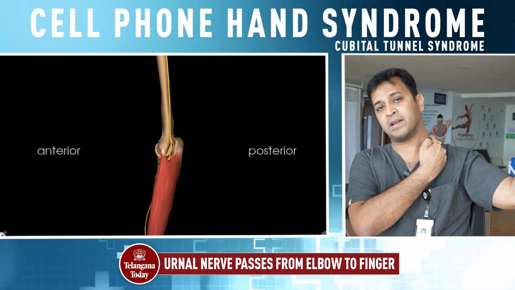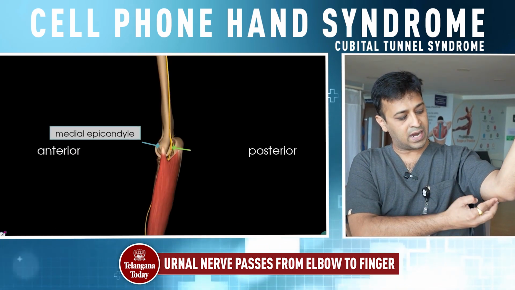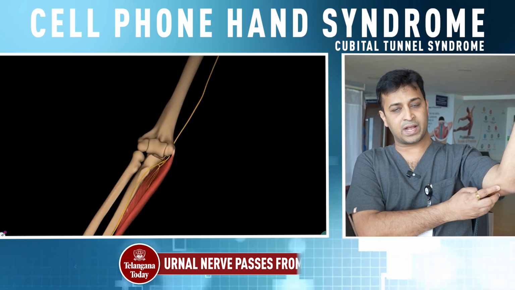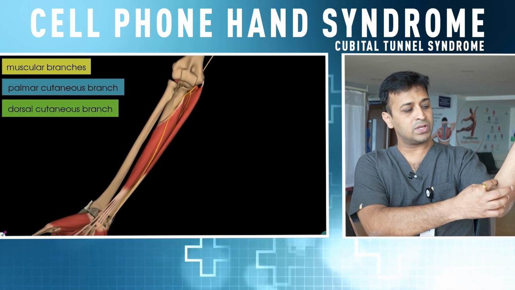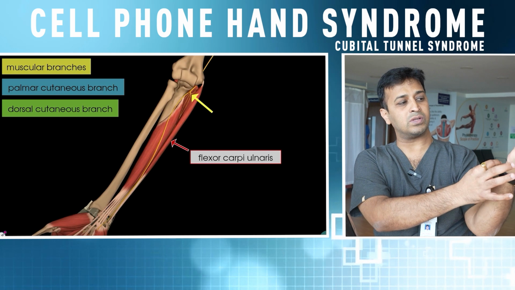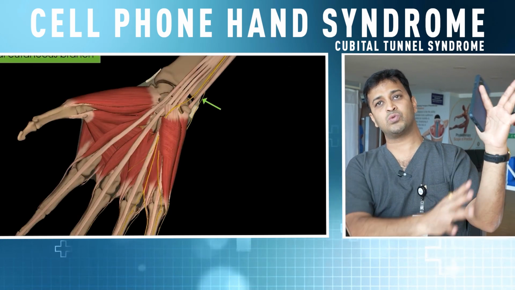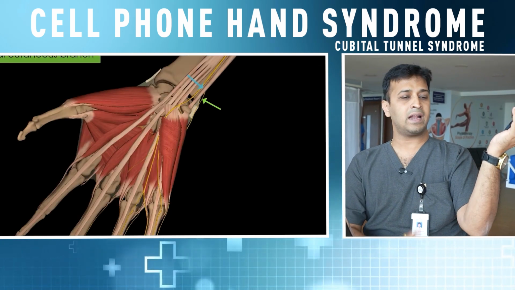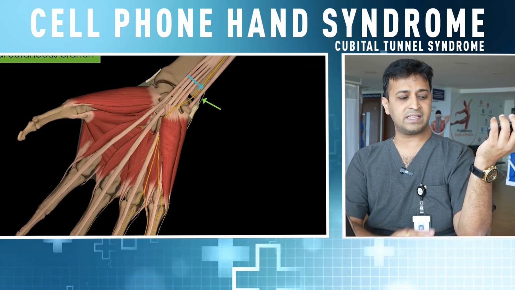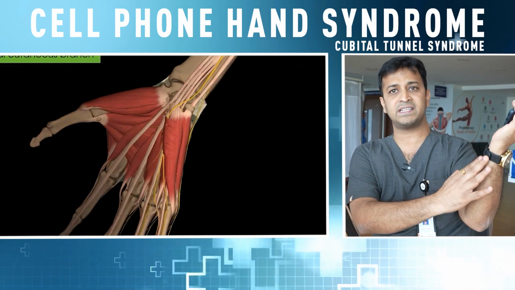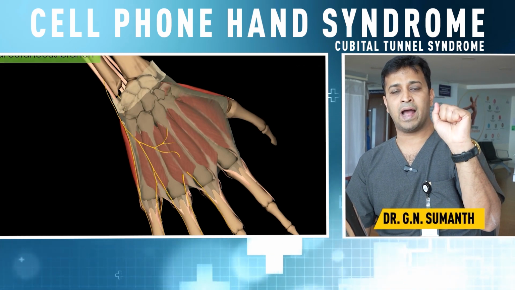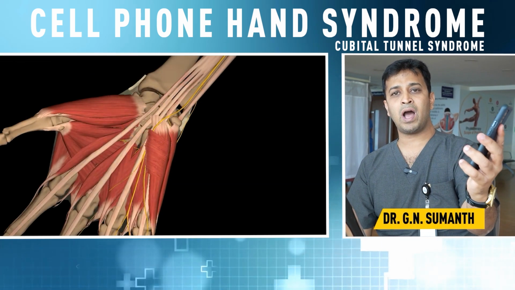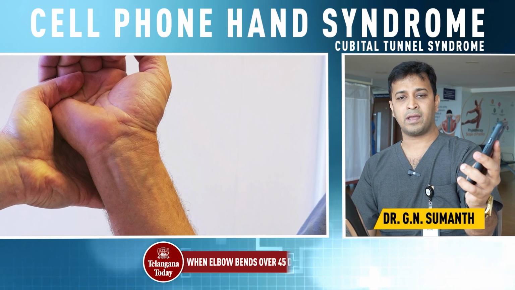This starts from here, it travels this way, and it passes behind this bone. You can see the bony prominence. It goes straight, comes to the front, and supplies these two fingers. The main purpose of that nerve is to provide sensation on this side and motor power to your hand.